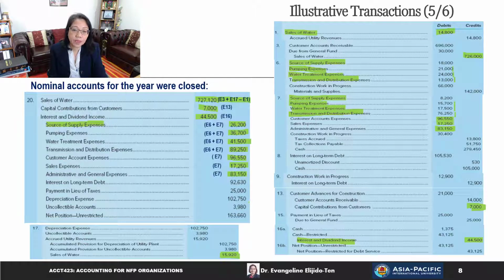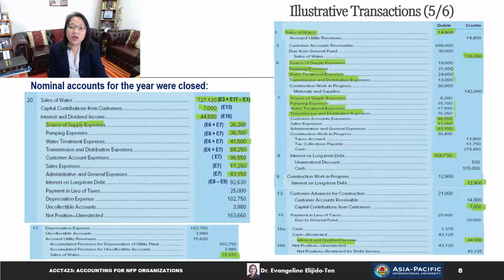83,150. Interest on long-term debt is actually shown in two entries. Entry 8, which is here, 105,530, and also in entry 9, we have it for 12,900.